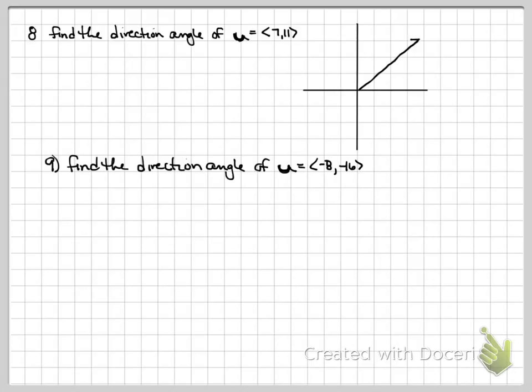So I'm just going to sketch it in here. I am going to make a triangle with it, listing my horizontal at 7 and my vertical at 11. It's just a sketch. What is my directional angle? What is my theta right there going off of the x-axis? So I'm going to use tangent.